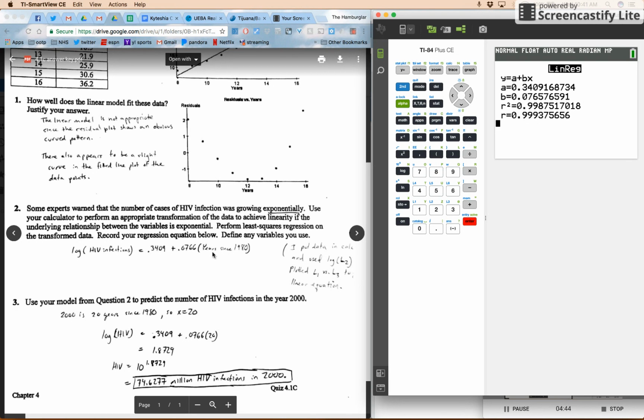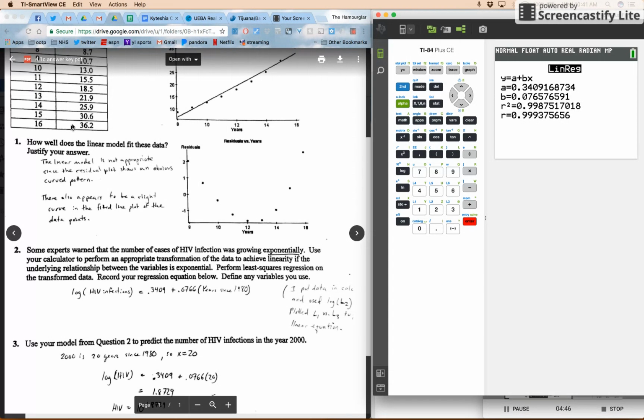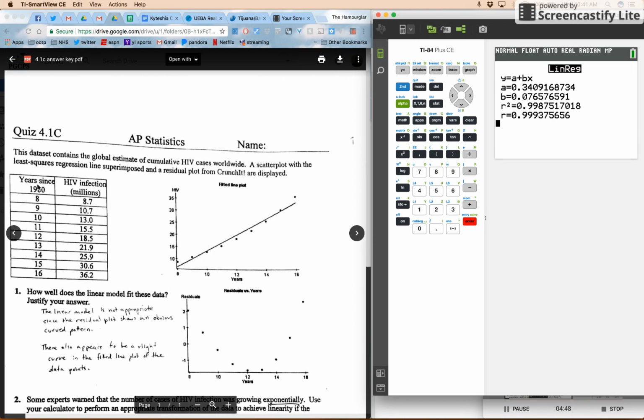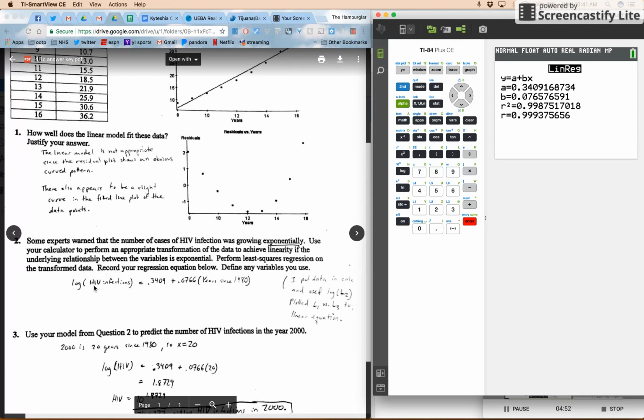So instead of x, I'm using the years since 1980, which was our x variable, and our y variable was the HIV infections. But remember, because we did the log of the y values, it's not just HIV infections, it's the log of the HIV infections. So that is the regression equation.